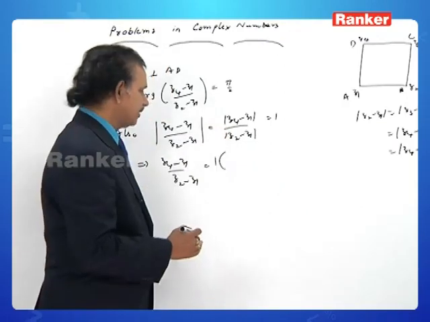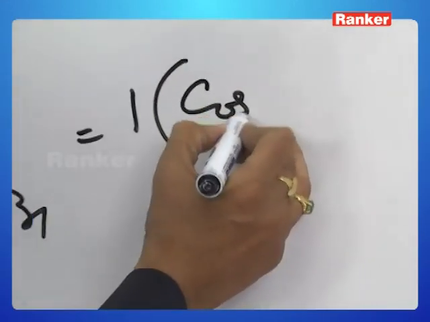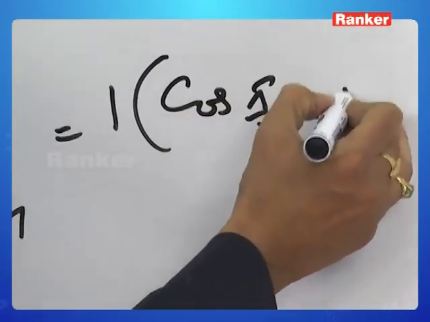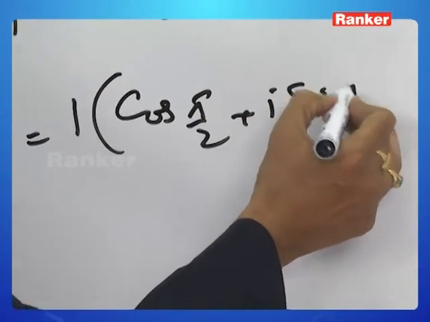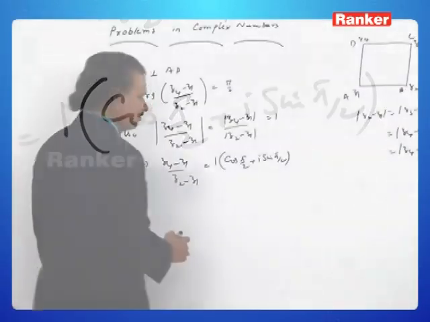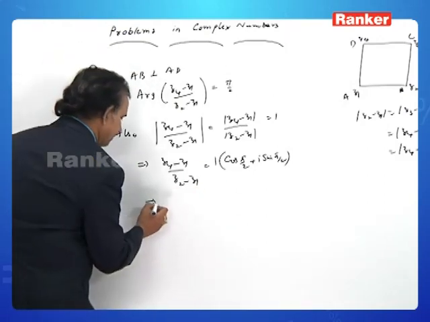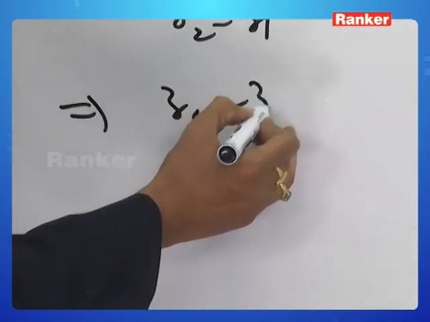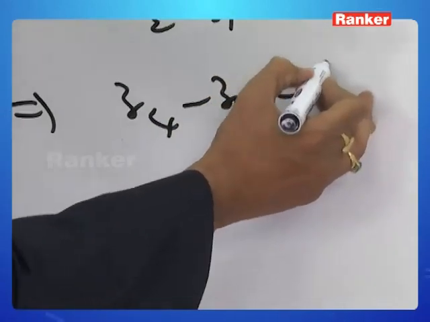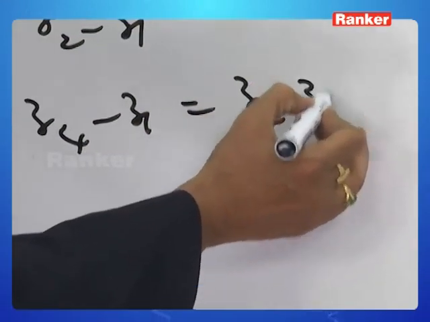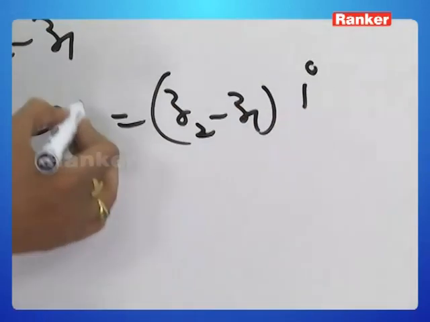Here theta is pi by 2. Cos pi by 2 is 0 and sin pi by 2 is 1. So Z4 minus Z1 is equal to (Z2 minus Z1) into I.